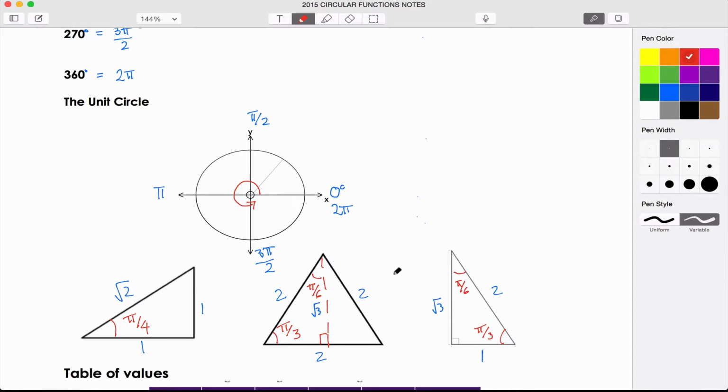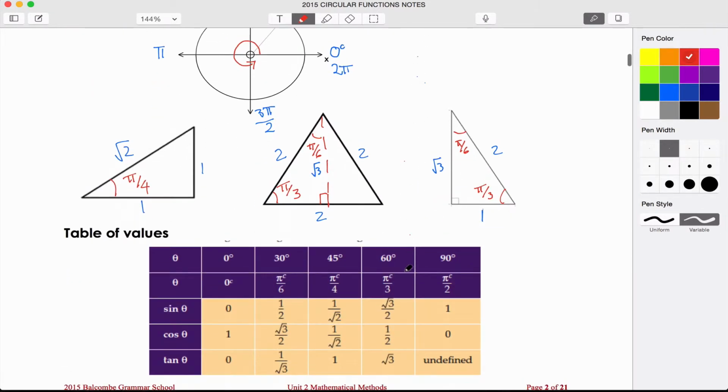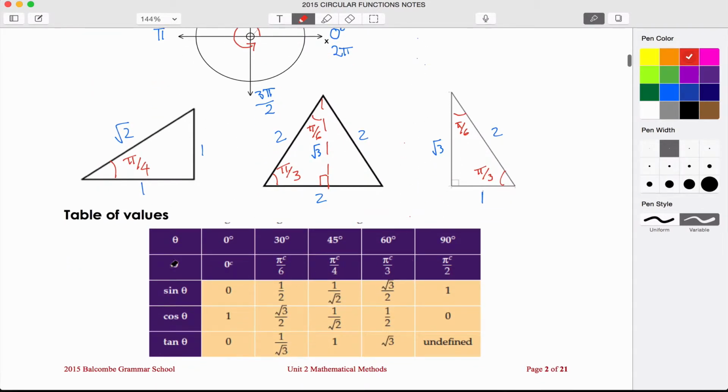Okay, what that means for our table of values is we can add in this row here. It's the same table of values as last time, but instead of just having the degrees, we've added the radians values in there. So if you need to find sine of pi over 6 radians, it's 1/2.